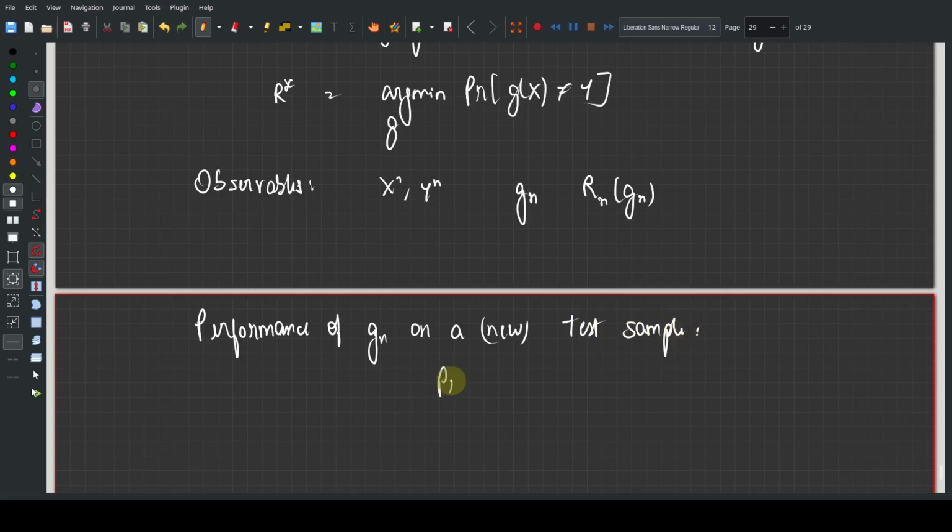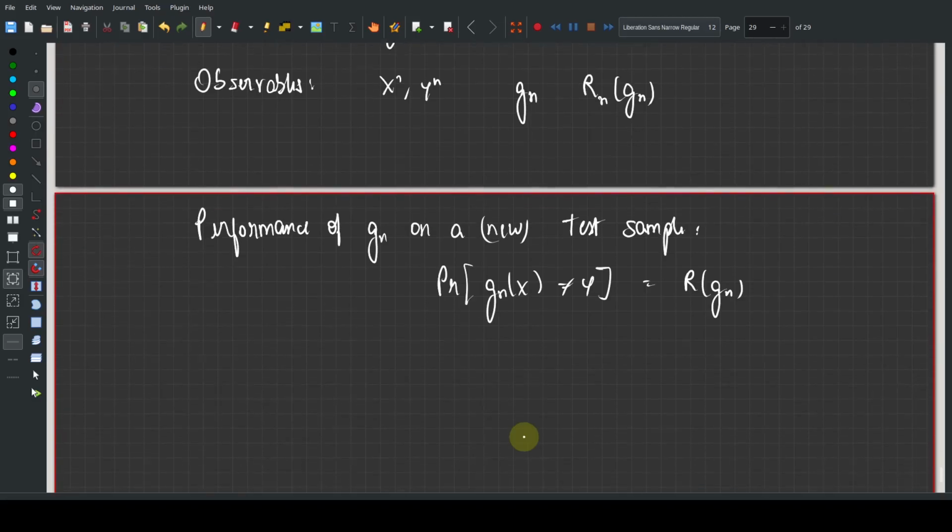This is basically the probability that Gn of x is not equal to y. That is simply R of Gn. Correct? So really the quantity that we're interested in is R of Gn.